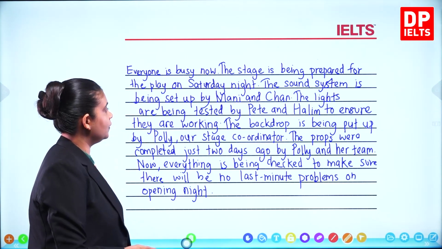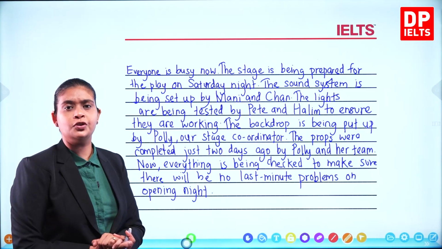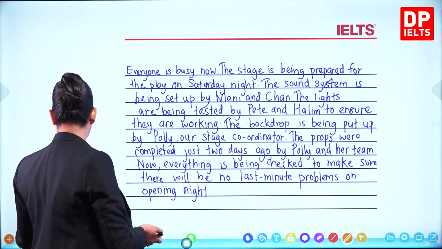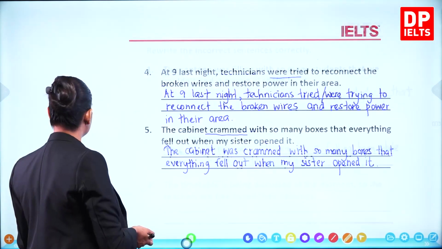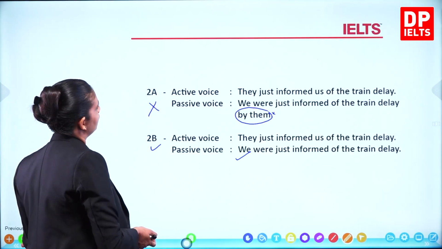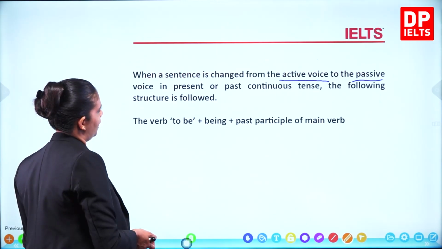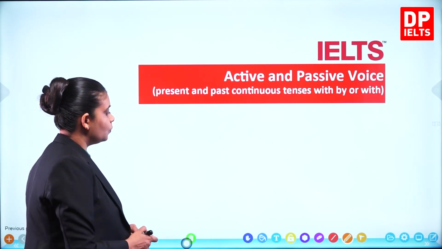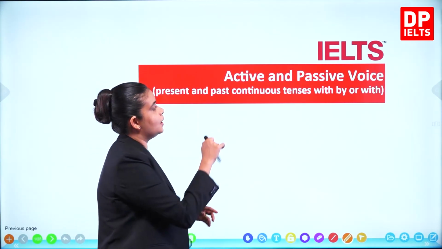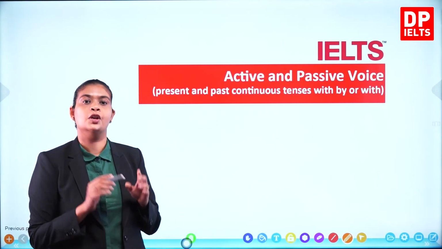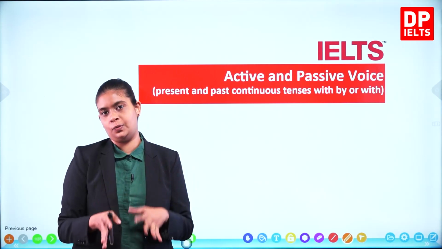Right, so with this, we have come to the end of the lesson. And what was our lesson all about? It was about active passive voice, but we were looking at present and past continuous tense using with by and with.